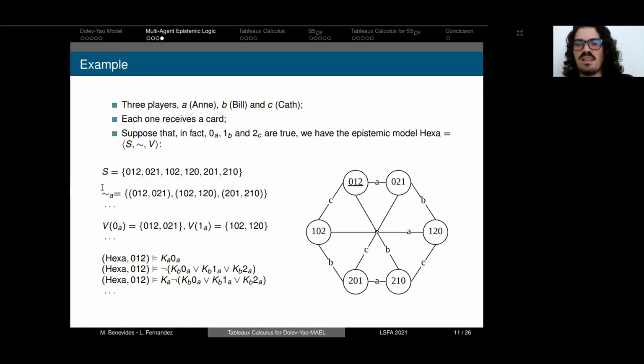For example, Ann does not distinguish the states where she has the card with a 0, but does not know if Bill got 1 and Cat 2, or Bill got 2 and Cat 1. And we can assert some formulas like Ann knows she holds card 0, or Bill doesn't know Ann's card, or Ann knows that Bill doesn't know her card, and so on.